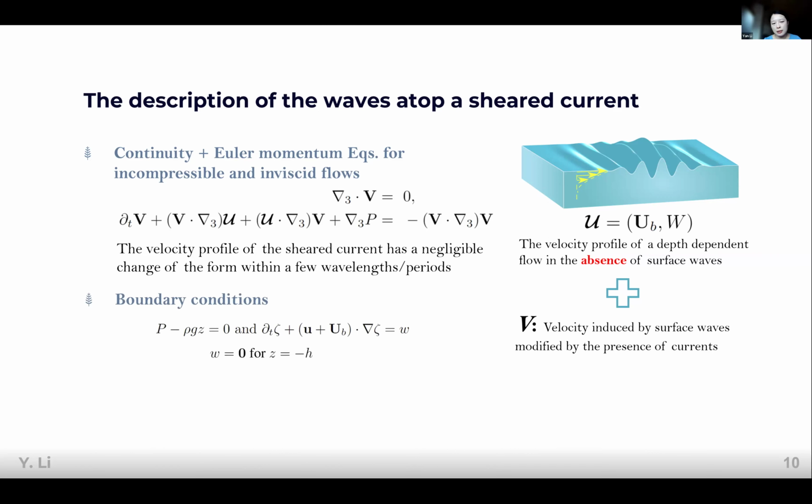The system also includes two boundary conditions, on the still water surface and on the seabed, for which we use a free slip seabed boundary condition.